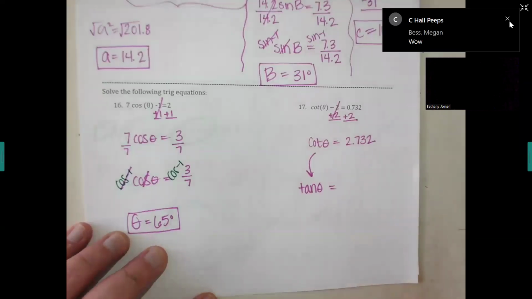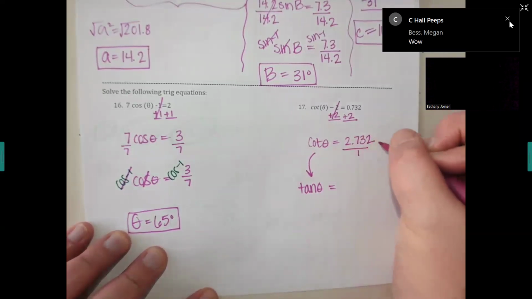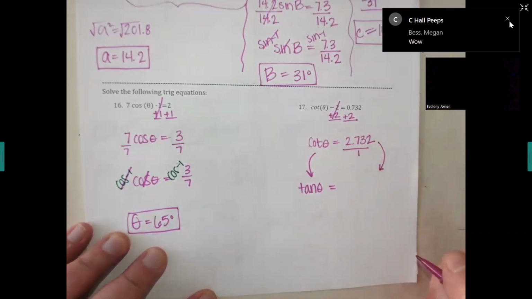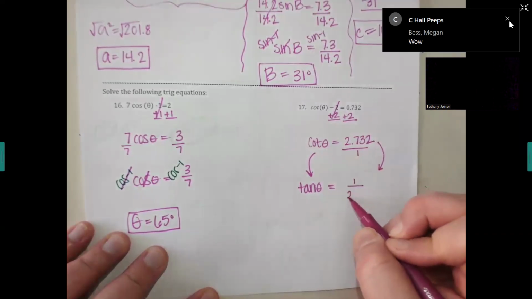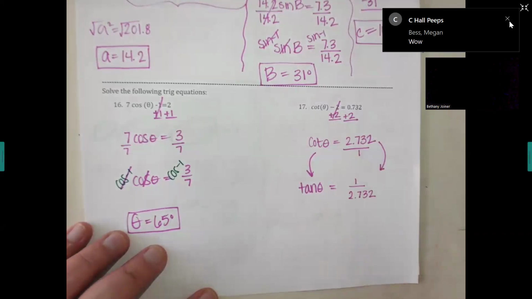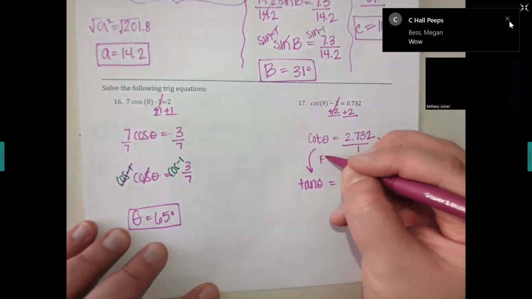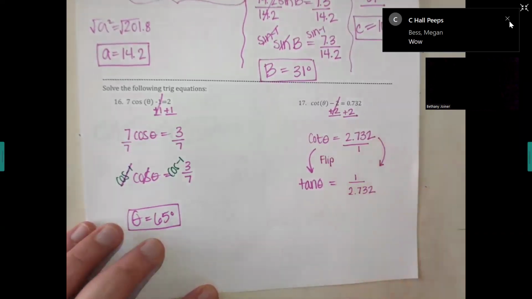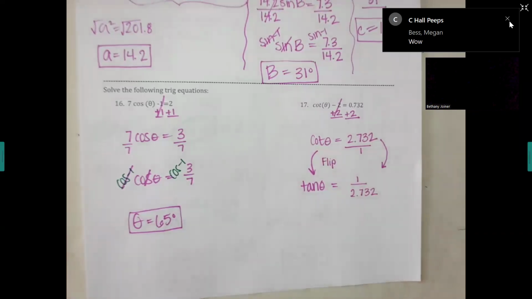And I notice that it's not currently written as a fraction. How can I make it look like a fraction so I can flip it? Put a 1 on bottom. Very good. You have to flip both sides. So if this is a decimal, put it over 1. Now it's 1 over 2.732. And then from there, how can we get rid of the tan? Inverse tan, yeah, in your calculator. But again, why can't I inverse cosine cotan?